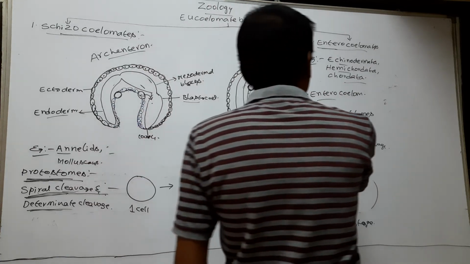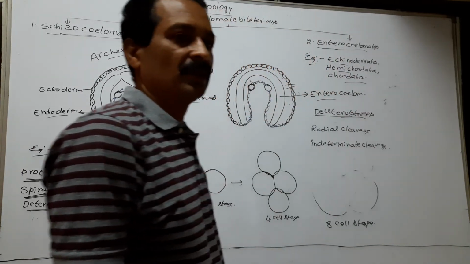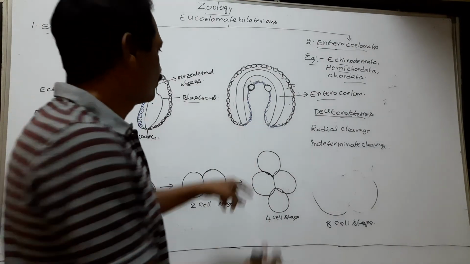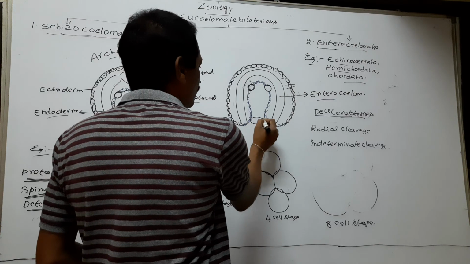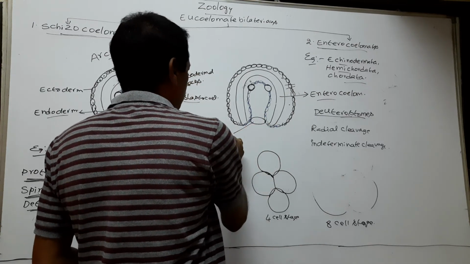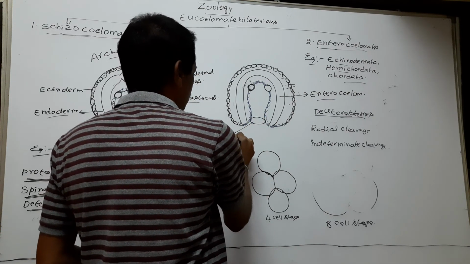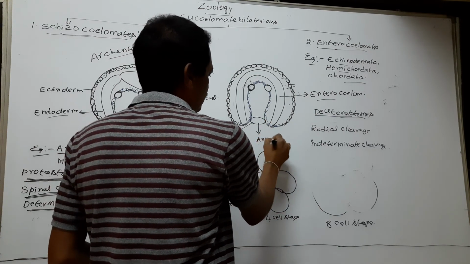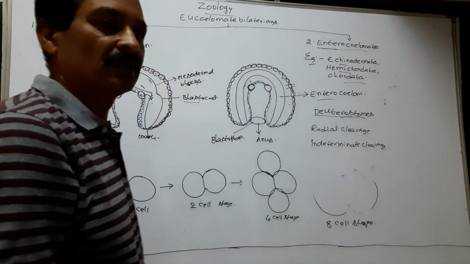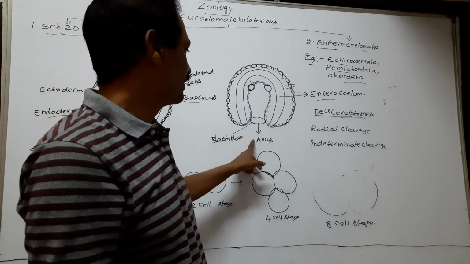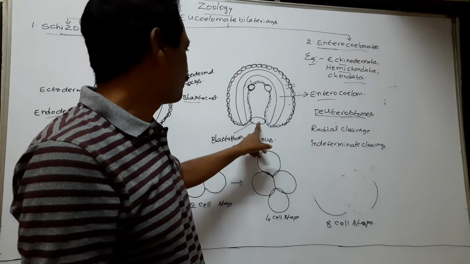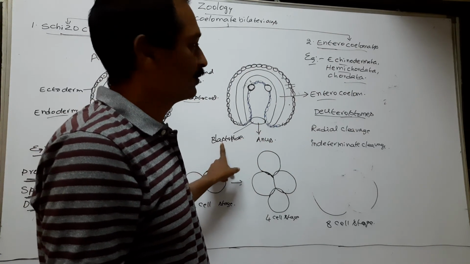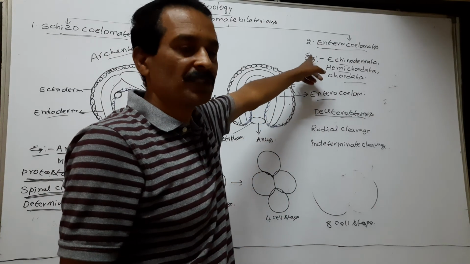What are deuterostomes? The eucoelomates in which the blastopore develops into the anus. The eumetazoans in which the anus is developed from or near to the blastopore are called enterocoelomates.